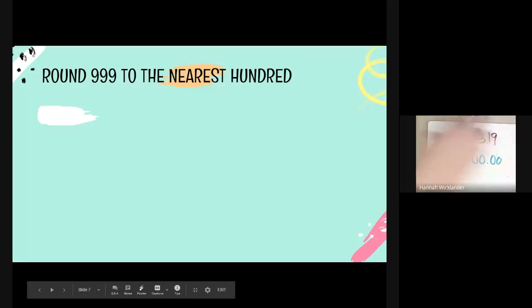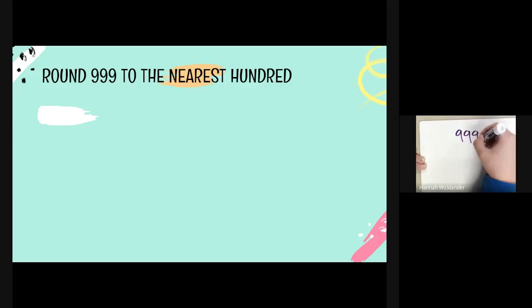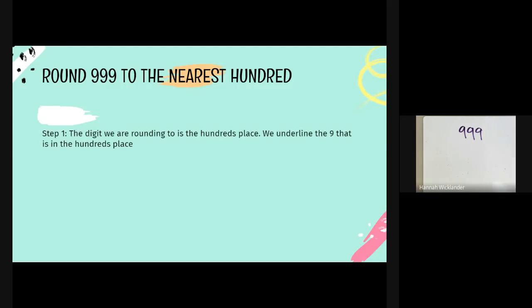Okay, this is like a trick question, but I know you guys are super smart and you're going to get it. But just for those people that don't quite understand rounding, I'm going to explain it. So I have the number 999, and the question asks to round it to the nearest hundred. So my first step is to underline the one I'm rounding to. That would be the first 9, because this is the hundreds, the tens, and the ones, and we're rounding to the nearest hundred.